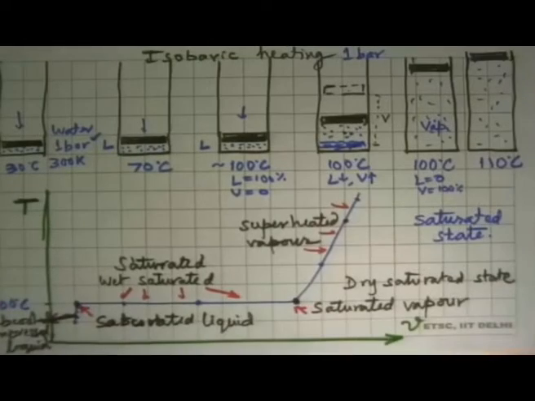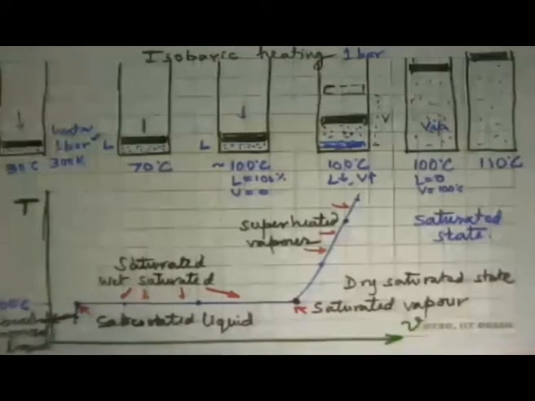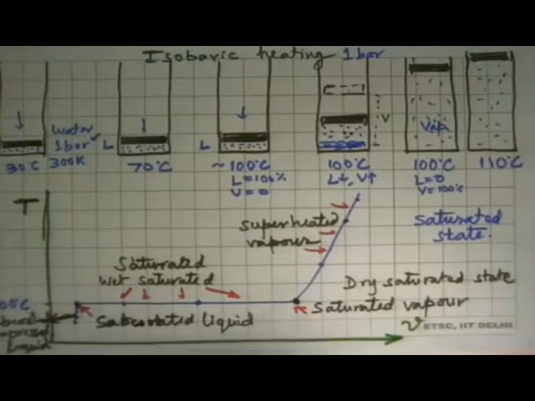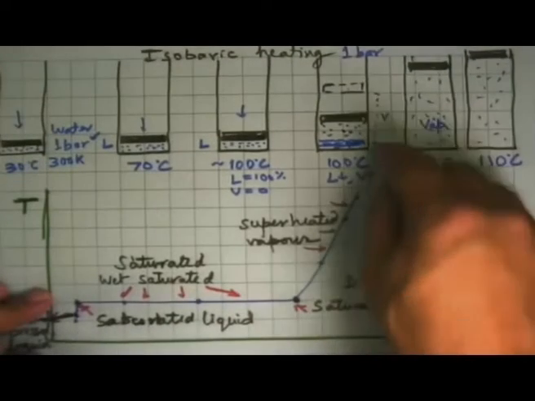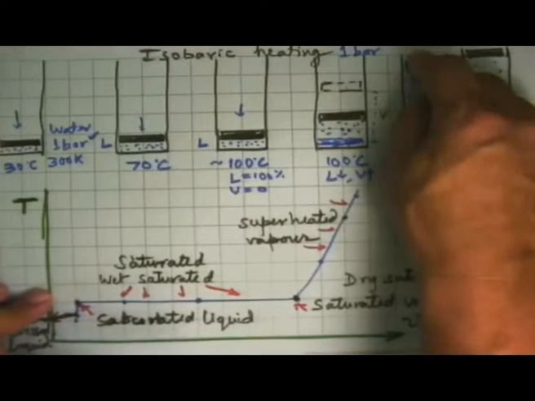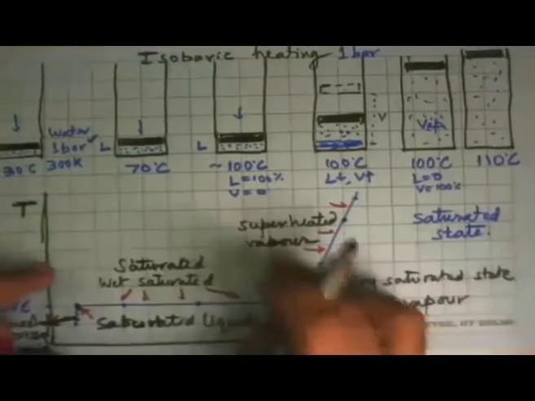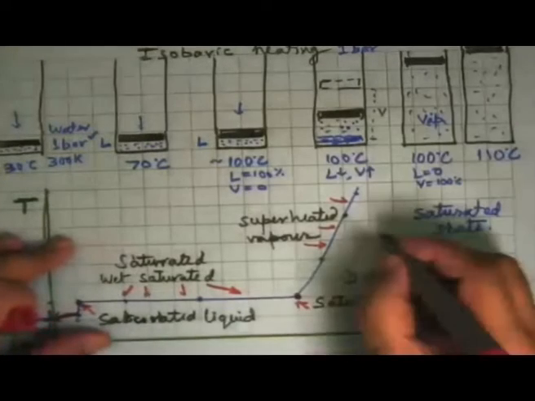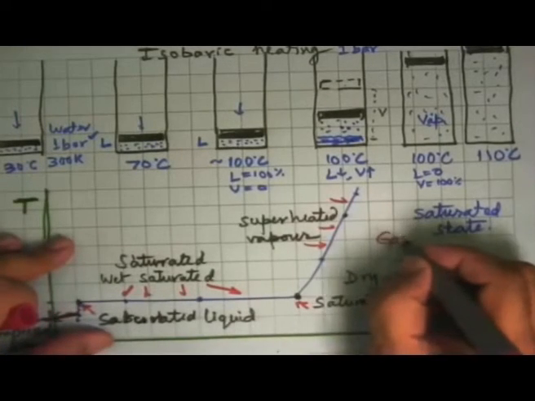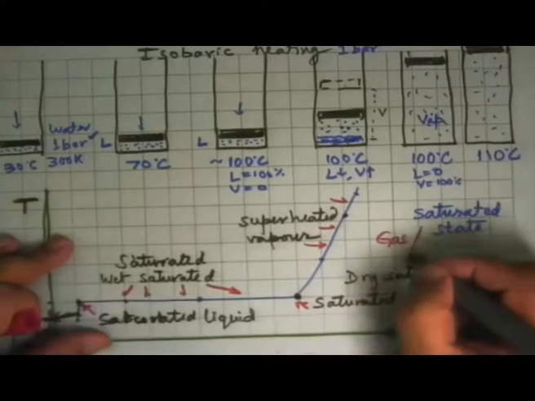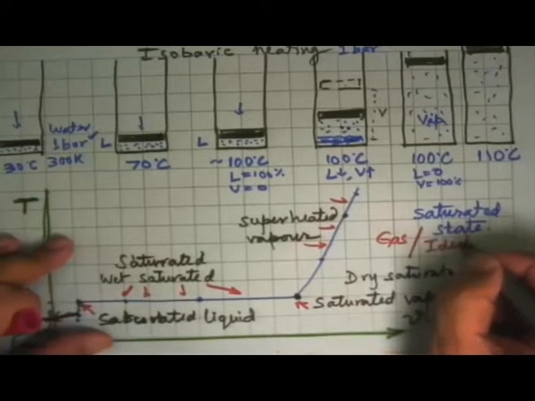Now let's take this problem further and say, keep heating it, what will happen? Well, what this picture tells you is that it will keep on going up this way. Specific volume will keep increasing, temperature will keep increasing, the vapor becomes more and more superheated until finally we say it is starting to behave like a gas. And if you heat it even more, it will start to behave as an ideal gas.